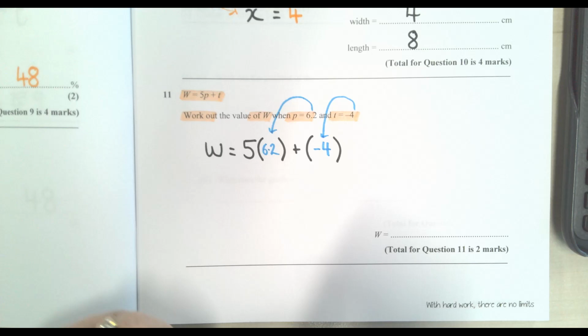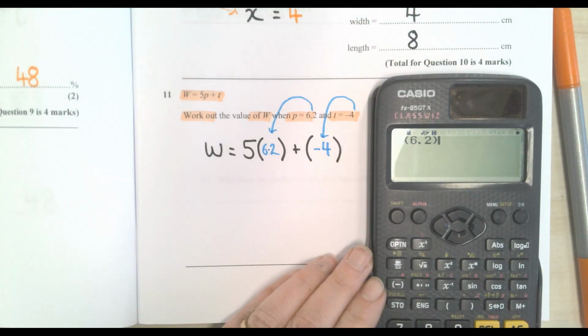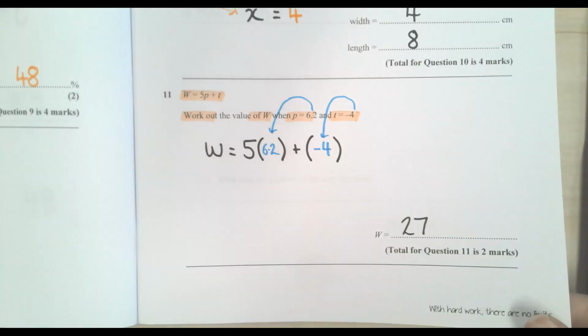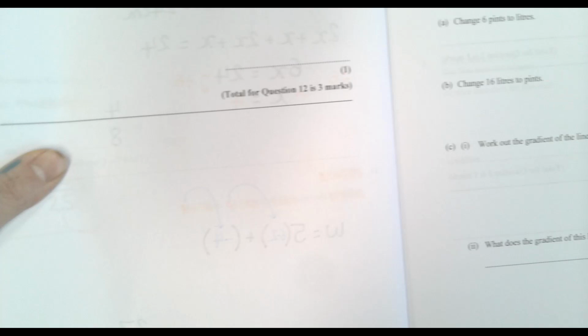I can then use my calculator, being a paper working as a calculator. It's 5 lots of 6.2, add my next bracket, which was -4, and my answer is 27. So you're just substituting with that part. We have done that lots in tutor time, so you should be fairly confident with that substitution.